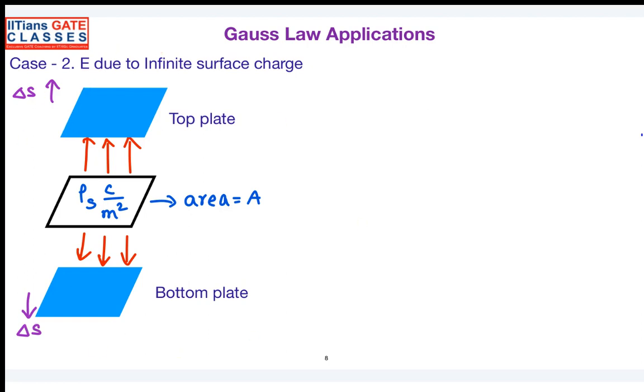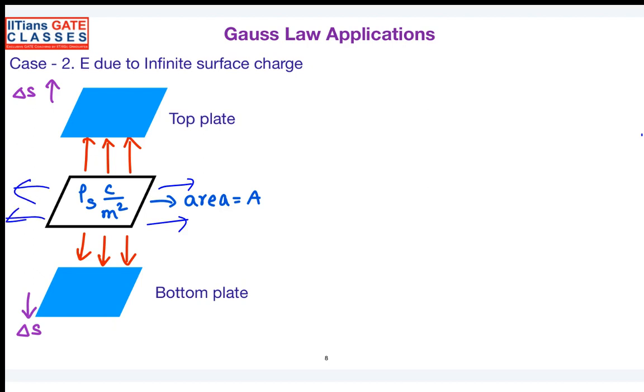Since the flux is always perpendicular, are you able to capture the total flux using this configuration or not? Whatever flux is generated in the top direction will be captured by the top plate, and the flux in the bottom direction will be captured by the bottom plate. Do you have any flux in the side directions? Yes or no?